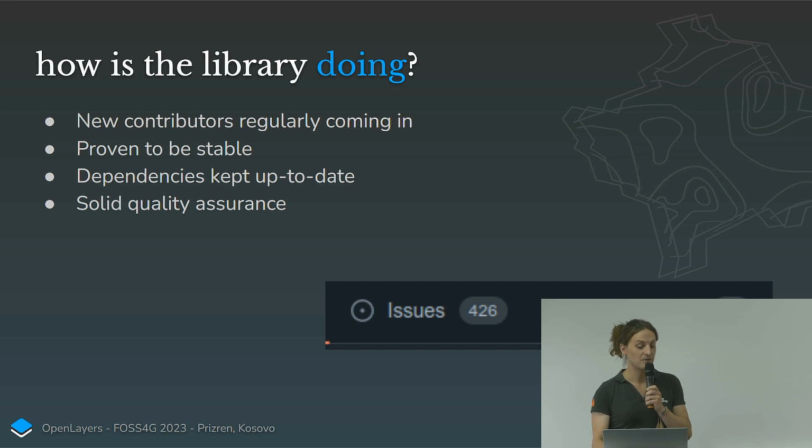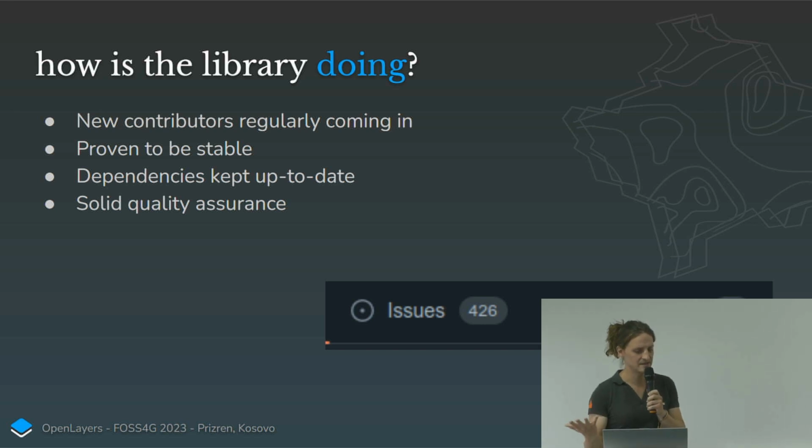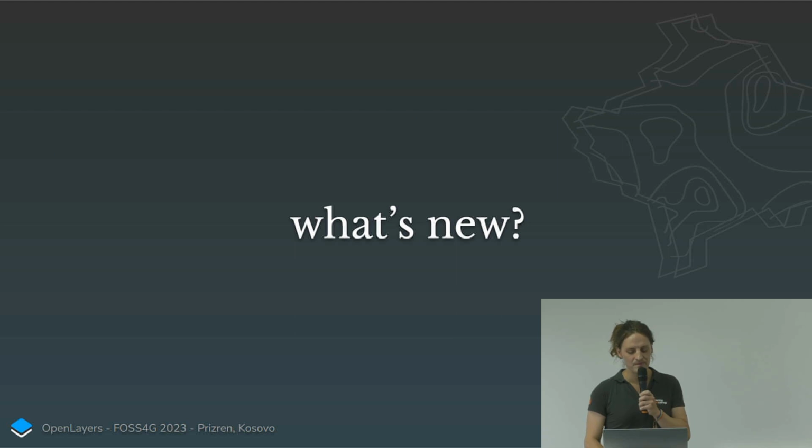From my perspective, we regularly see new contributors, people trying to bring new things to the library, so that's great. There are not that many bug reports anymore, so it's pretty stable. It's up to date. It has a lot of quality assurance. And you can see here there are not that many issues and pull requests. I've seen much worse, so for me, it's doing really great.